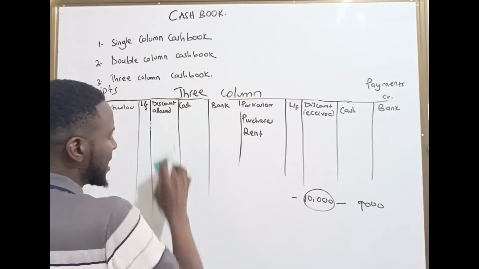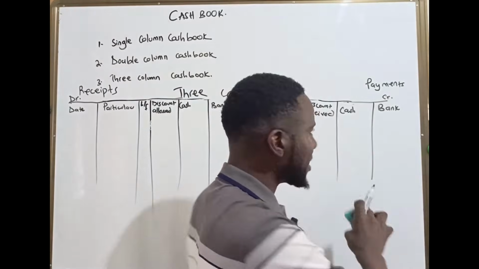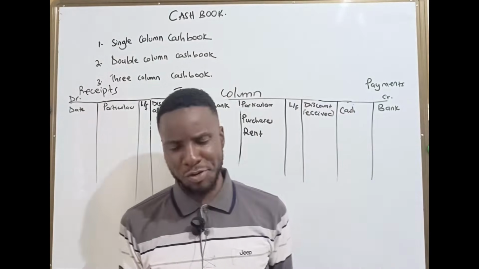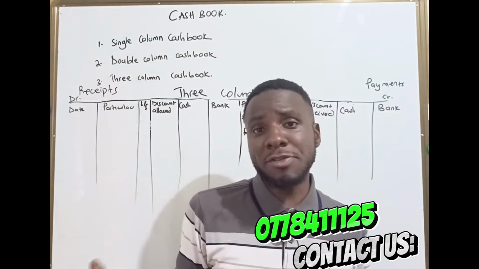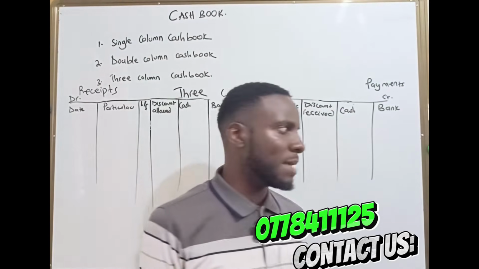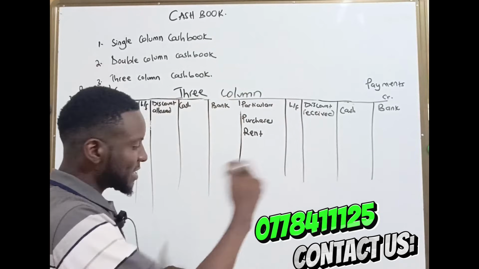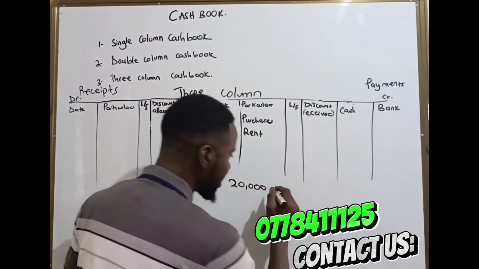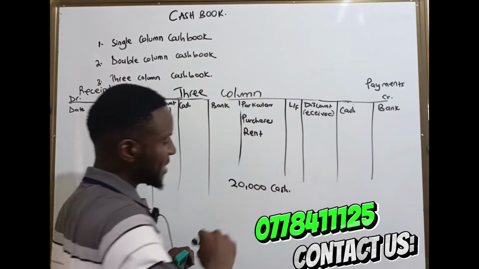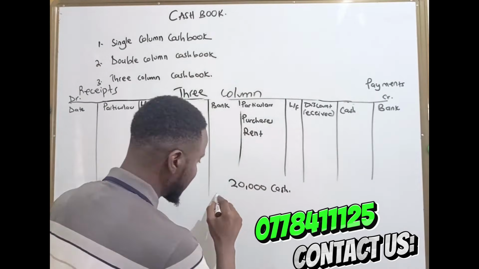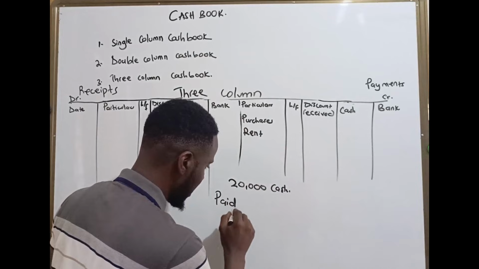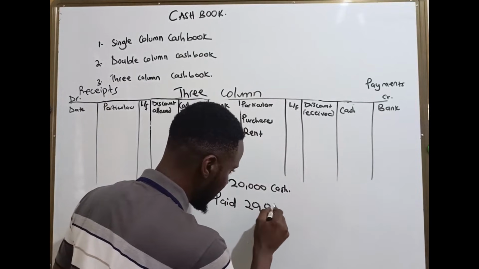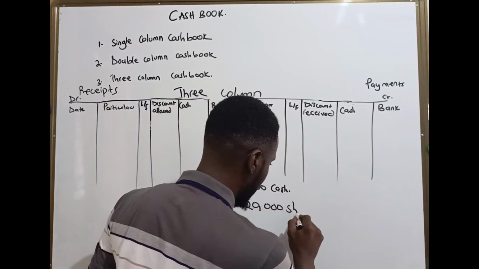Then, lastly, allow me to talk about something they call a contra entry. A contra entry is where, let me say, for example, we have 20,000 cash. Then we say paid 20,000 shillings to bank.